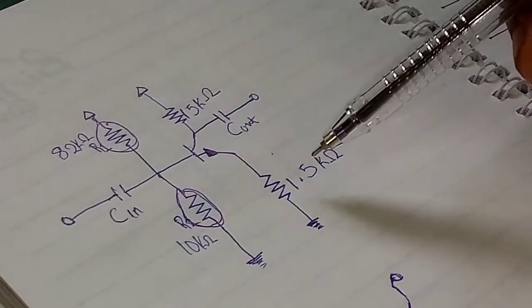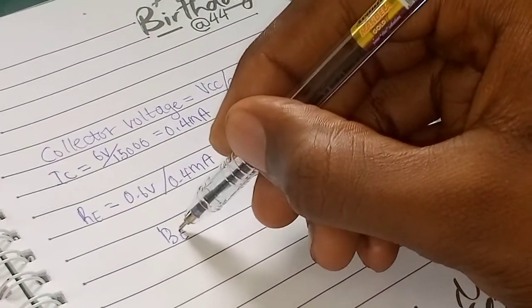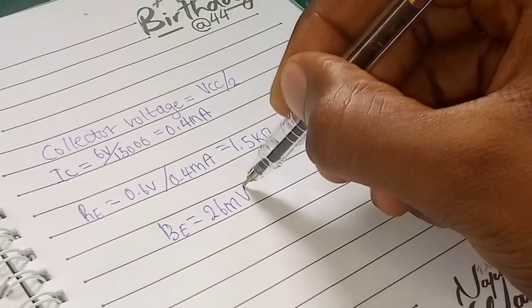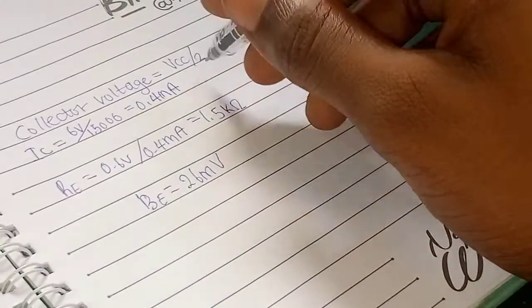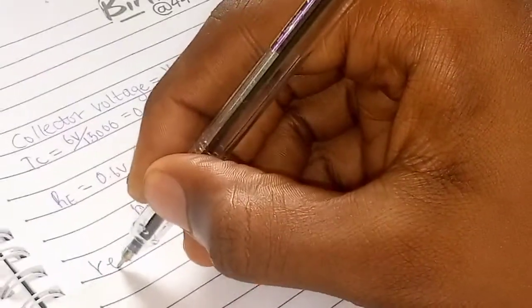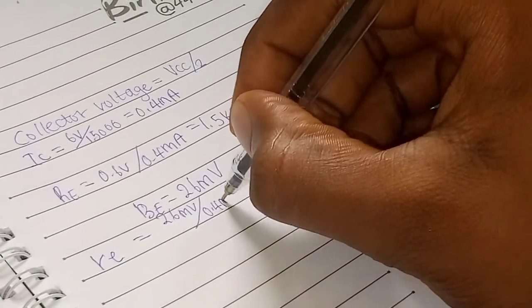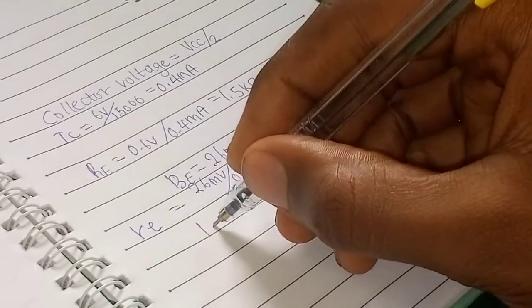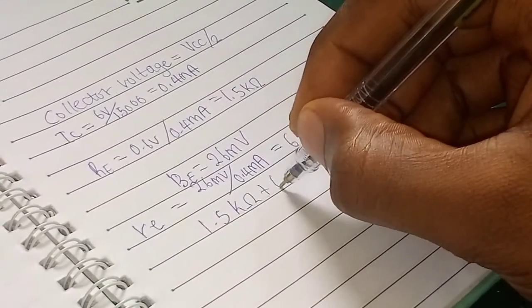Due to this, we have to calculate another resistor to add to the emitter resistor we calculated previously to ensure overall stability. Doing this, we get 26 millivolts over 0.4 milliamps, and the result came out as 65 ohms. Now adding this value to 1.5 kilo ohms will not make too big a difference, but the transistor knows itself best.